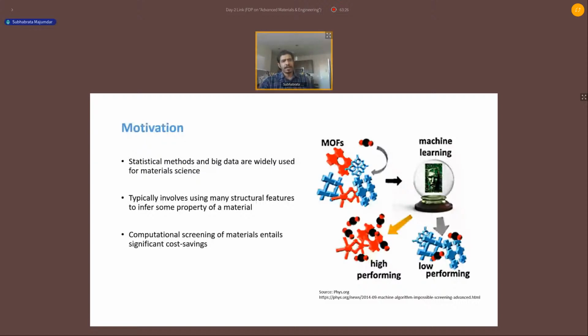The reason this is important is that you can bypass a lot of lab testing using these computational procedures, in the sense that you don't really need to do lab tests for hundreds of compounds to find out whether they are good or bad for your purpose.